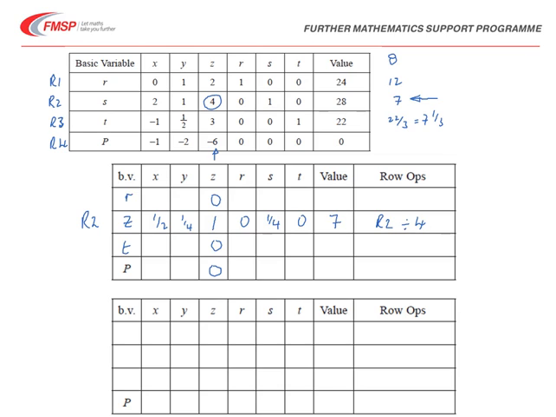So if we look at what we need to do, in row 1 at the moment we have got an element 2 and we want to get 0. So what we need to do is to take row 1, that's in the table above, and subtract from that 2 lots of row 2. That's the new row 2.